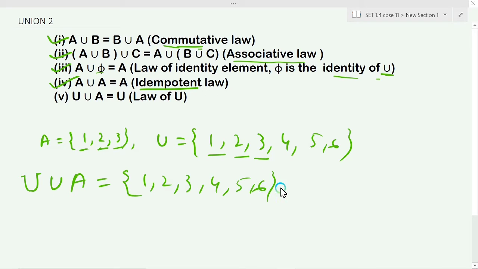So we get the set 1, 2, 3, 4, 5, 6, which equals U. So if we calculate the union of the universal set and any other set, we get U, the universal set. This is called the law of the universal set. Okay, so these are some properties of union.